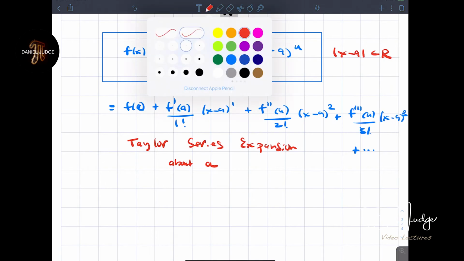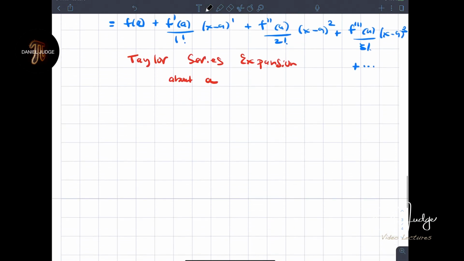Now, I want to give you a definition, and this is what we'll be working with today. Maclaurin series, and it's called Maclaurin series after the Irish mathematician Maclaurin. Here, it's very simple. We're going to let a be 0. So this is a power series expansion about 0.